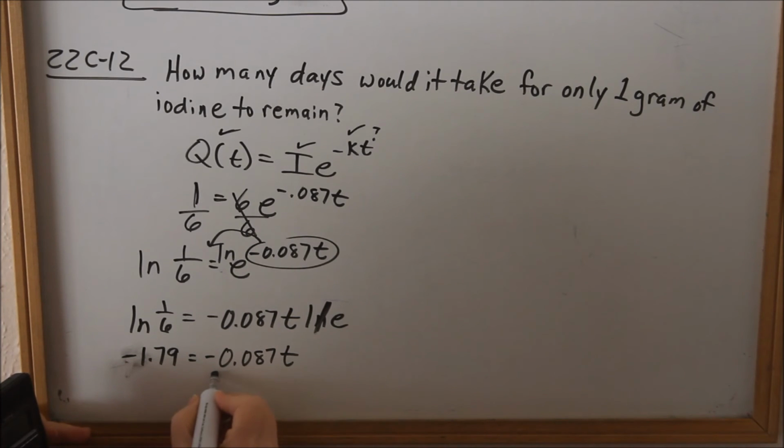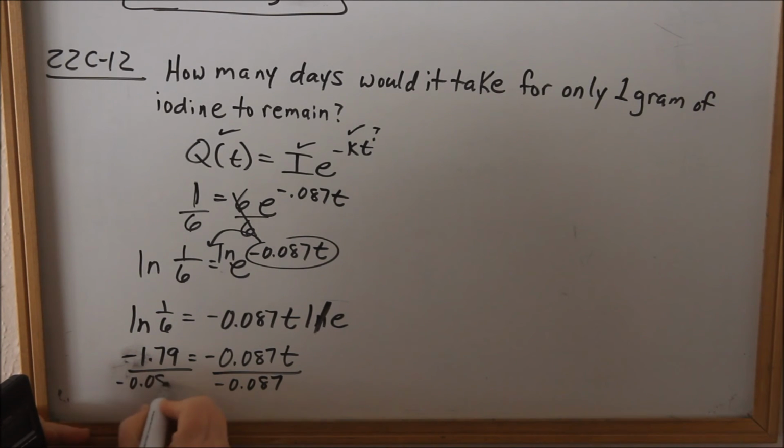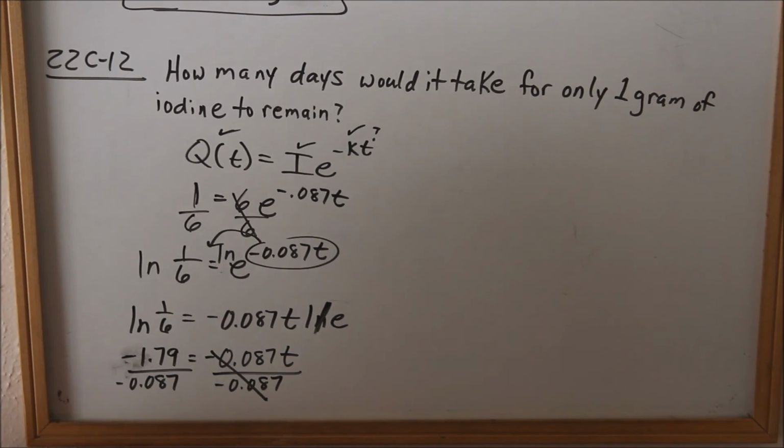How do I solve for t? Divide both sides by this. The fact that we're solving for time tells us it should be a positive number. You should never get a negative number for time. We have a negative divided by negative, that will be a positive number. That is a good thing. Always make sure your answers make sense.